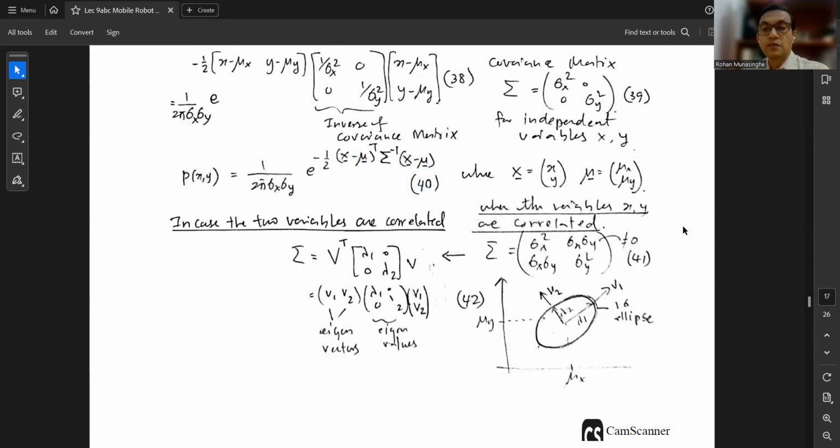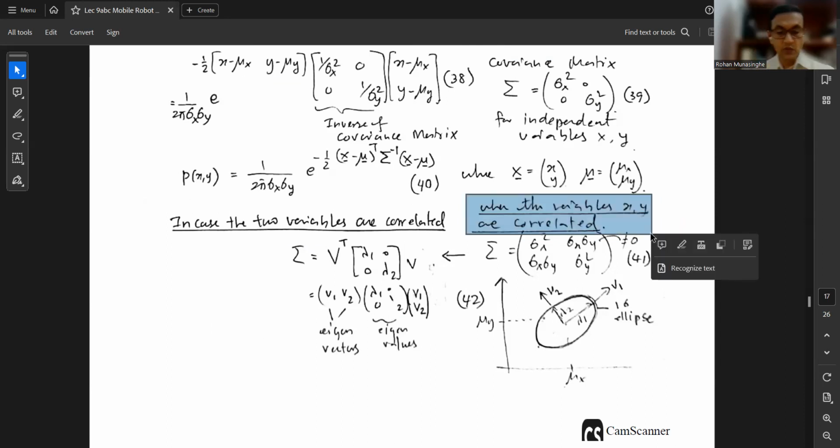Now, when the variables x and y are correlated, when x changes, y also changes. A normal two-wheel vehicle or four-wheel vehicle, this is the case, right? You cannot simply control only x. When you try to control x, y also changes. Look at a quadrotor, flying vehicles. A lot of vehicles are like that.